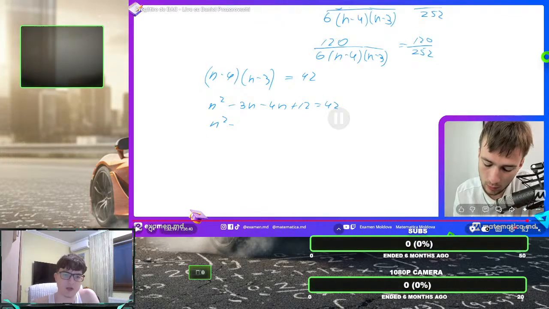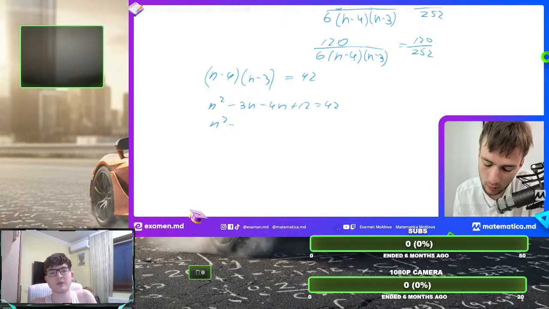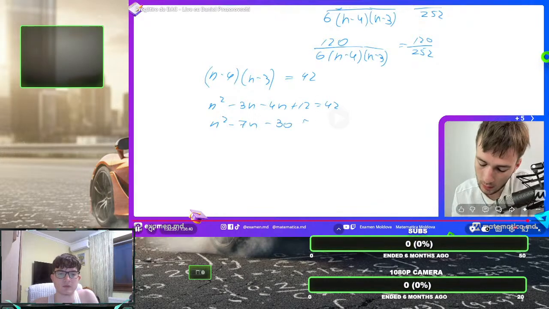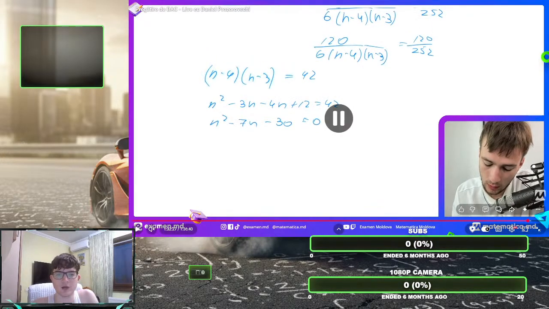Okay, now we have 3 minus 3n minus 4n, which is minus 7n plus 12 equal 42. And if we move the 42 to the left, we're gonna have minus 42, so it's gonna be minus 30 equal 0, so quadratic and so on, right?